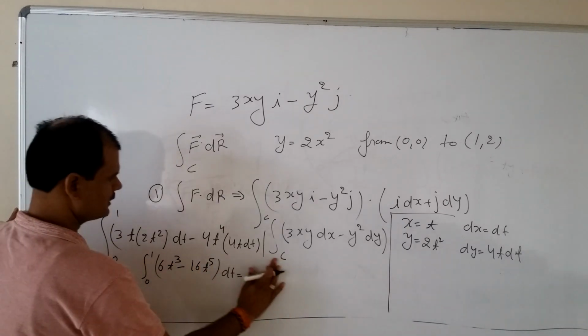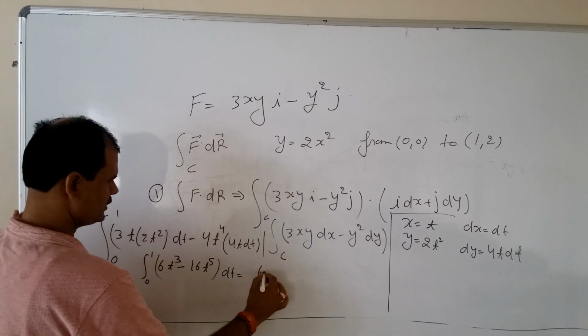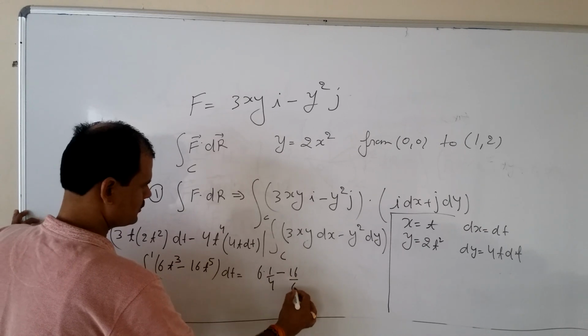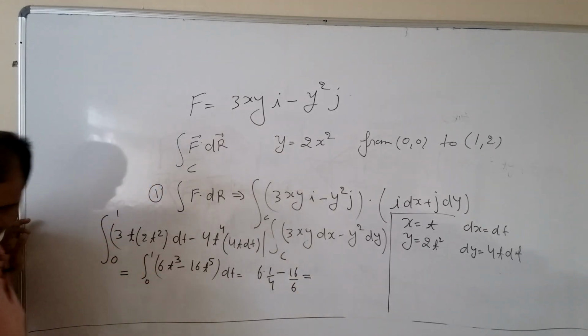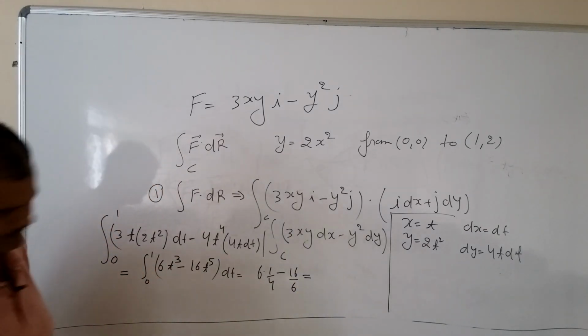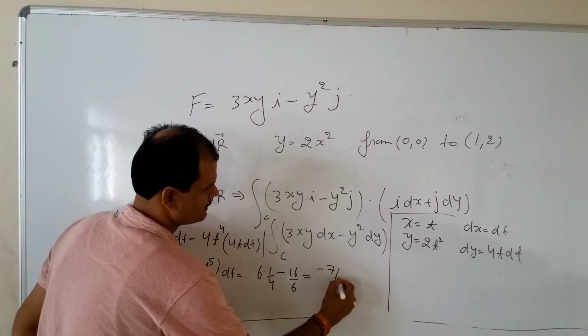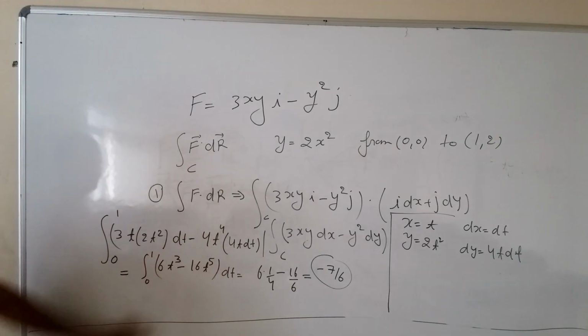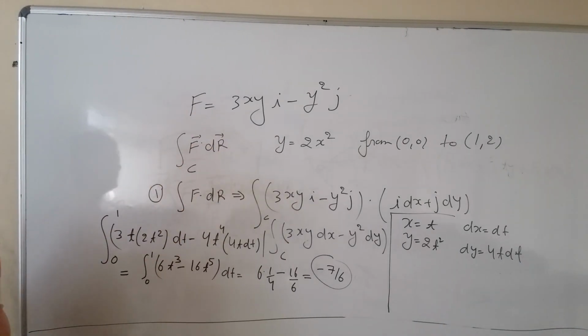If you simplify, we get 6 into 1 by 4 minus 16 into 1 by 6. So the answer will be minus 7 by 6. So this is the line integral of this f along this parabola.